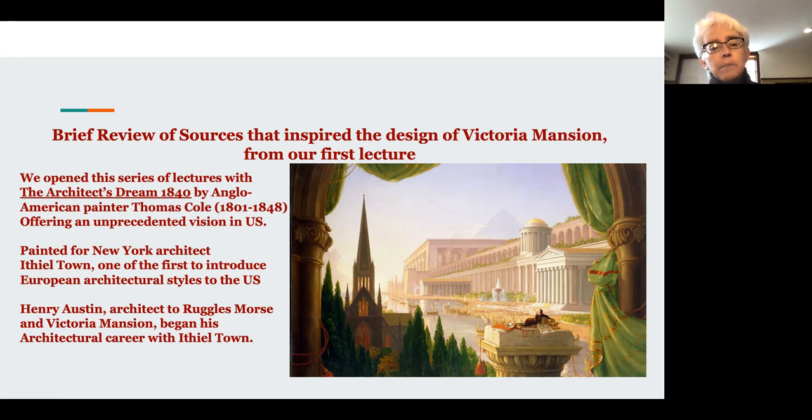He painted this piece for the New York architect Ithiel Town, who was one of the first to introduce European architectural styles to the United States for domestic use particularly. The connection with Victoria Mansion is that Henry Austin, Ruggles Morse's architect, actually began his architectural career in the offices of Ithiel Town.